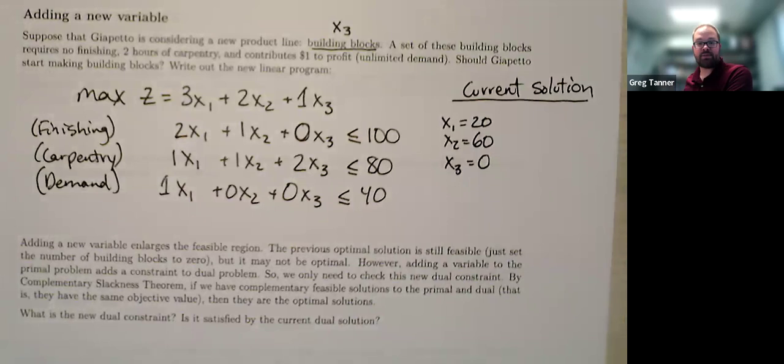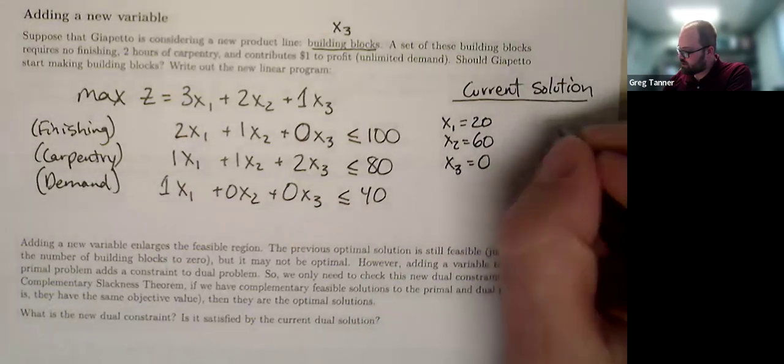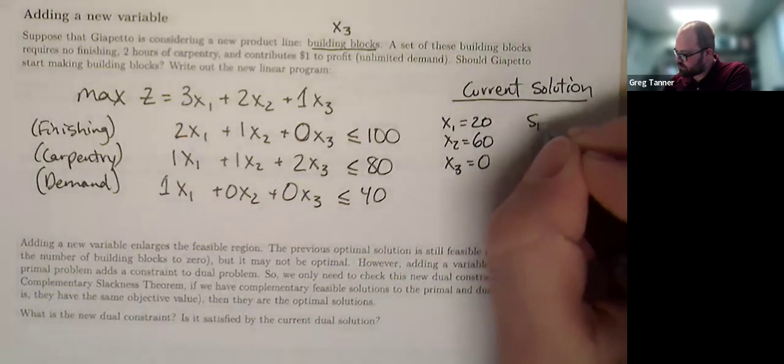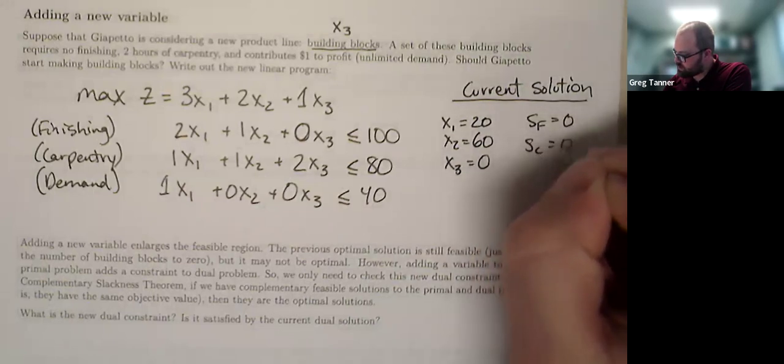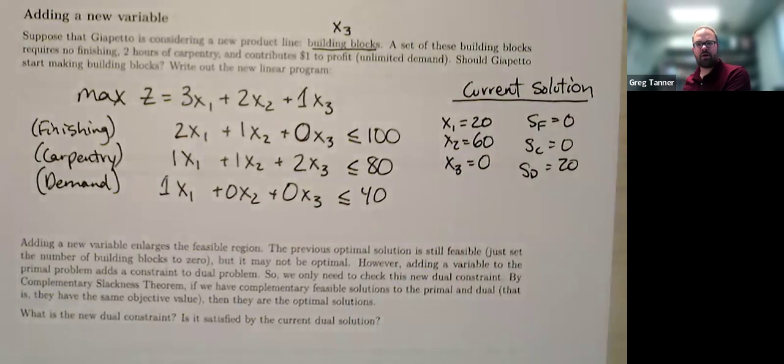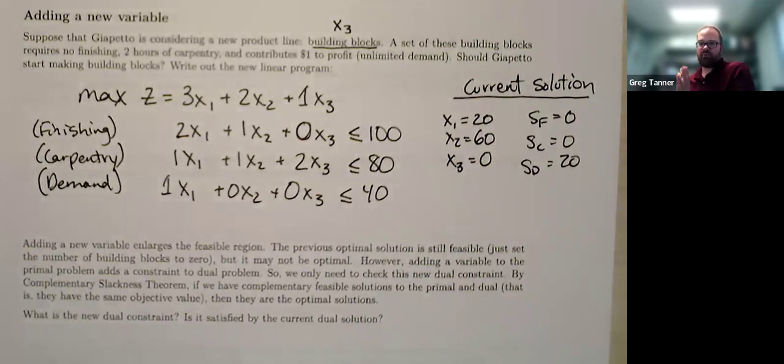We can think of X3, at least initially, as a non-basic variable, so it's not in the basis. I will also write out that SF equals 0, SC equals 0, and SD equals 20. That's our current solution, considering this new product: we're currently making none of them. If they're not even in the problem, then we're making 0 of them.